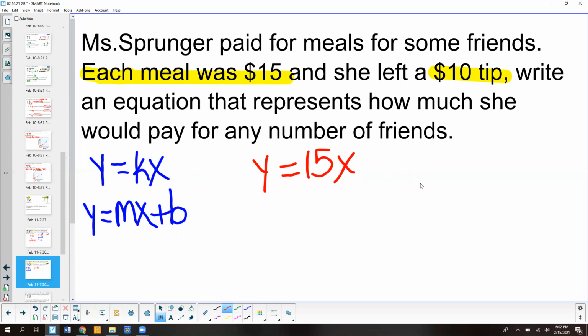So that's going to be our constant in this situation. Our constant is that $10 tip. So we've got y equals 15x plus 10. This represents how much money I would spend for any number of friends. I'm spending $15 per meal plus that $10 tip, and y represents how much money I would be paying in total.